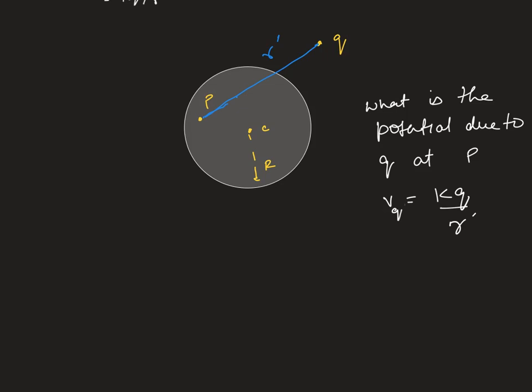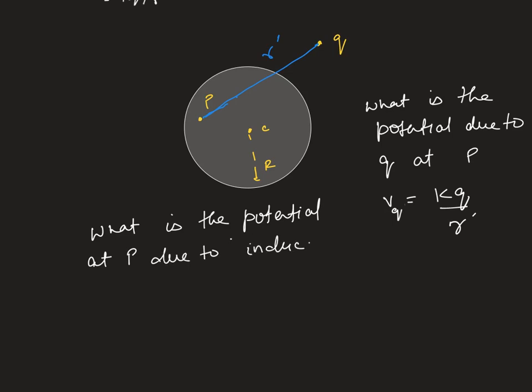Now we come to the last and the most important question in this explanation, and that is, what is the potential at P due to induced charges? So again, I told you, the induced charges are the charges that are formed on the surface, equal positive, equal negative.